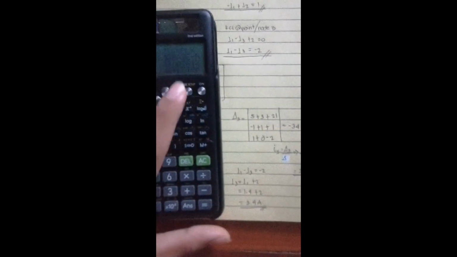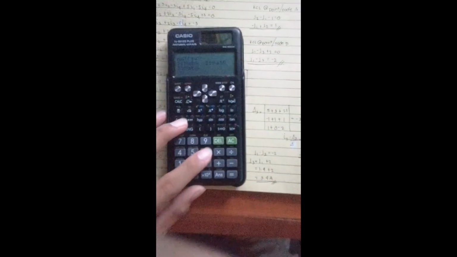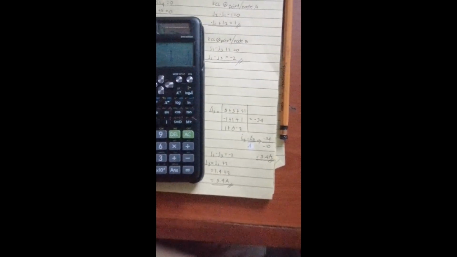So it would look like this. So we'll use our calculator. So mode again, matrix A, 3 by 3. So 5, 3.